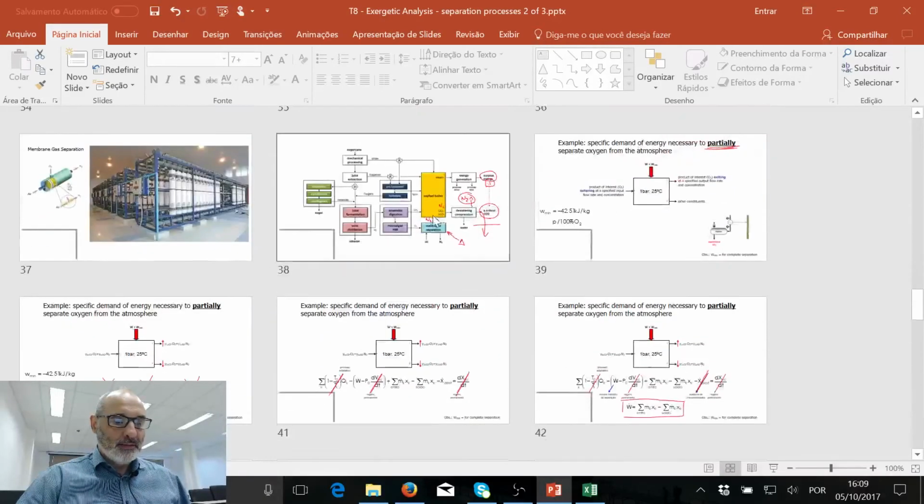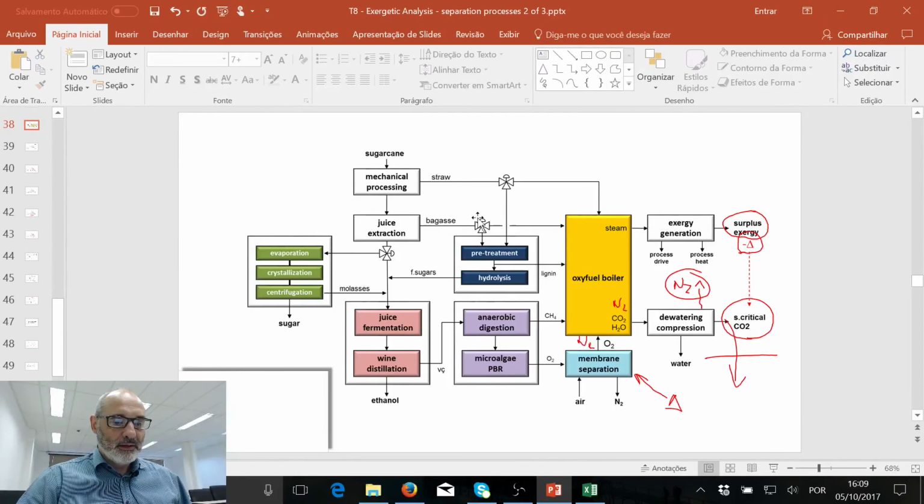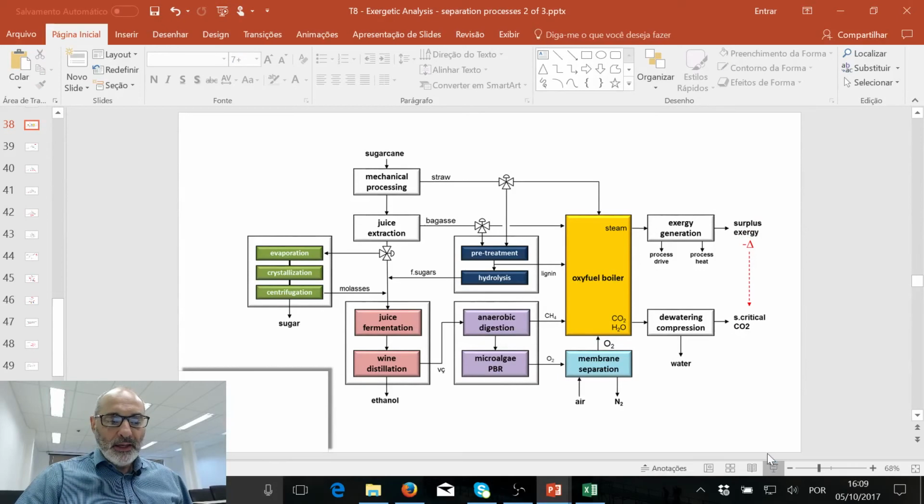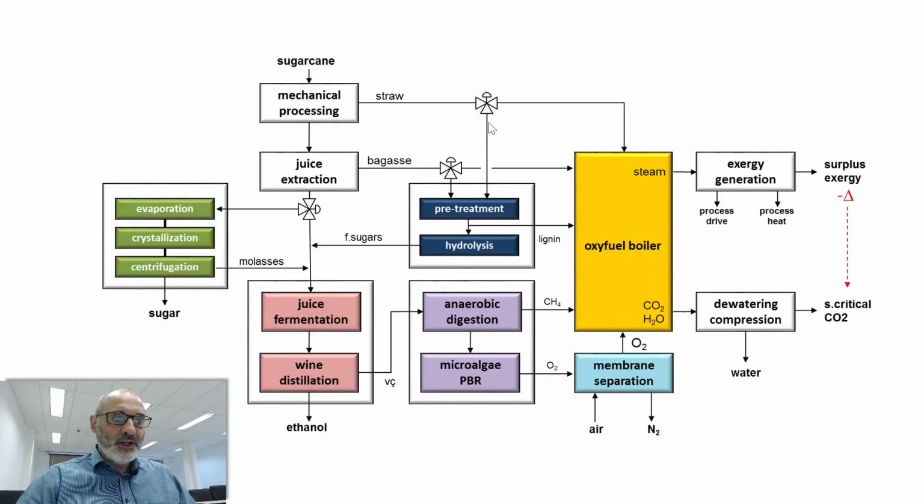You see here, the second generation processes, pretreatment and hydrolysis. And I just showed you, you can ferment vinasse, for instance, from distillation, and you get methane here. I know some sugar mills that do this.